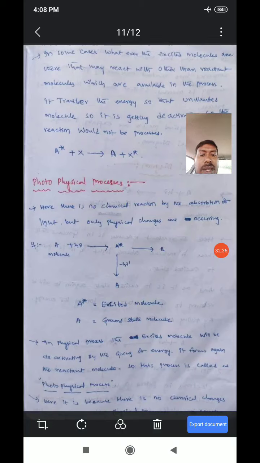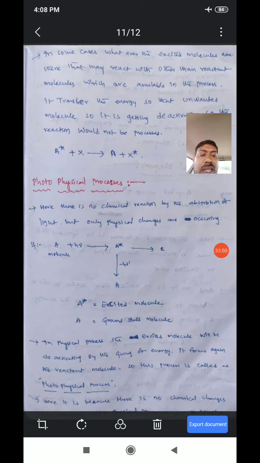Next we are discussing the photophysical process. Here there is no chemical reaction by the absorption of light, but only physical changes are occurring.